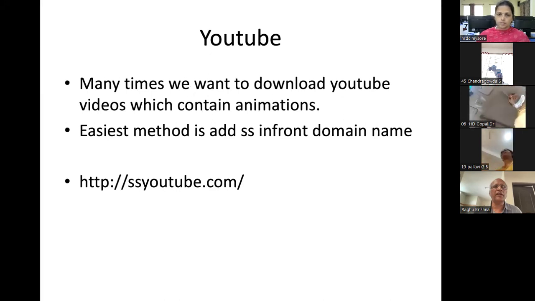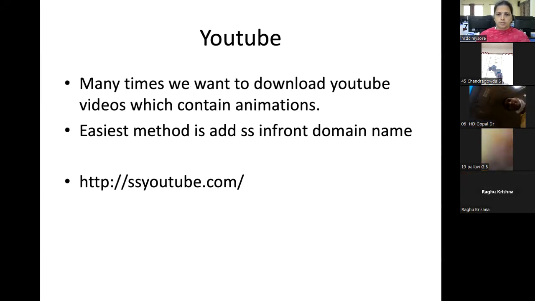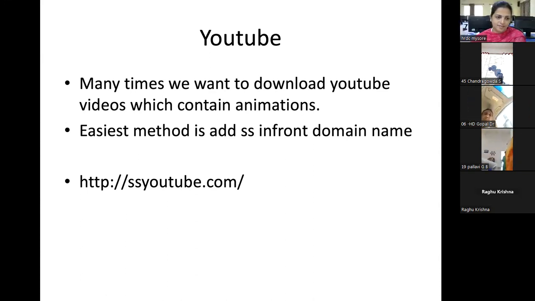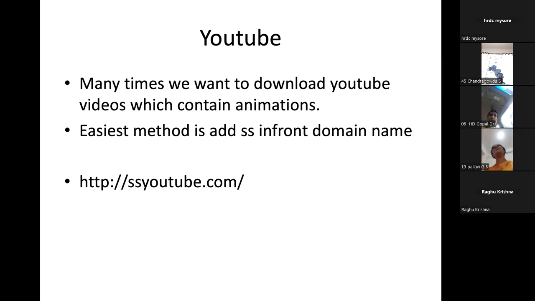First, YouTube. This is the simplest one. Some additional steps also I have written. Normally in our classes, whenever we want to show some videos so that students can understand a complex concept by seeing a movie, how exactly can we download from YouTube?